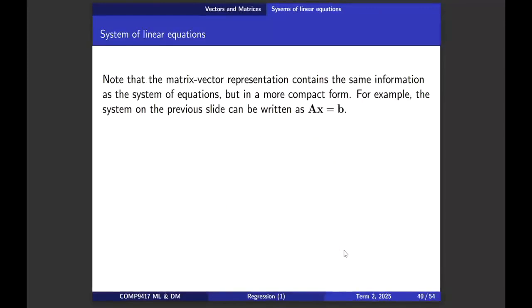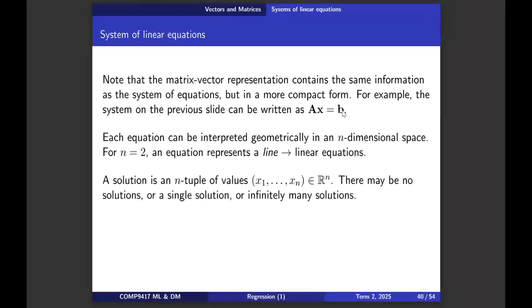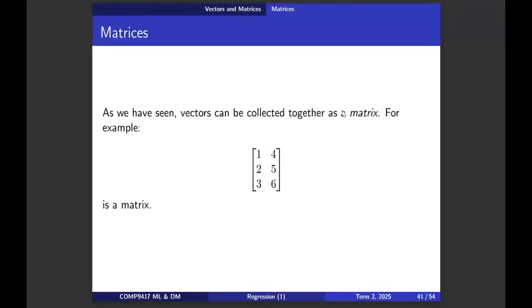I'm not going to go through that. I'm sure nearly all of you know that already, but if you don't, go and check it out. The nice thing about this is we can dramatically simplify the notation. That whole thing is now written as A, the matrix, times x, the unknown vector, equals b, the solution, if you like.